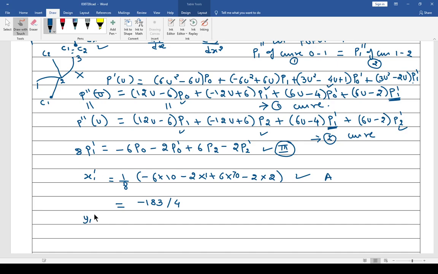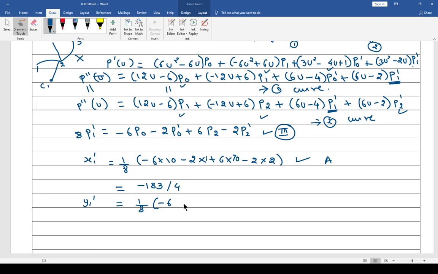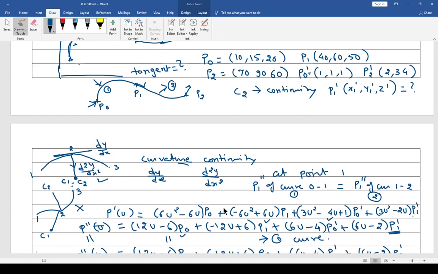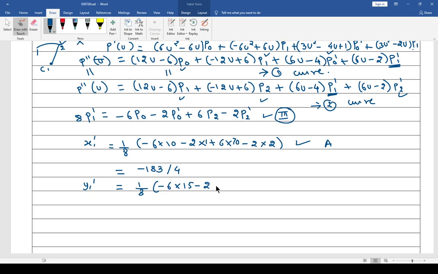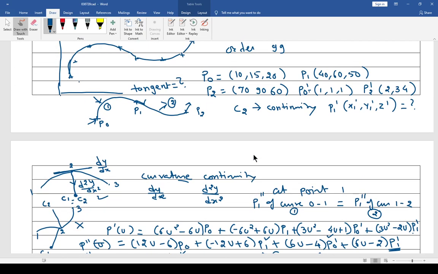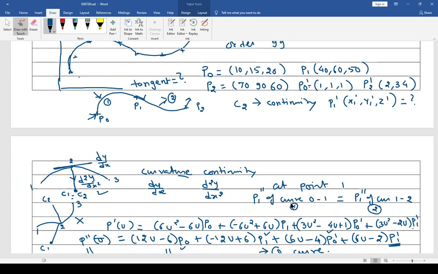Then I'll have y1 dash, so 1 by 8 into minus 6 into 15, minus 2 into p0 dash, p0 dash is 1, plus 6 into y, that is 90. p2 is 90, correct.